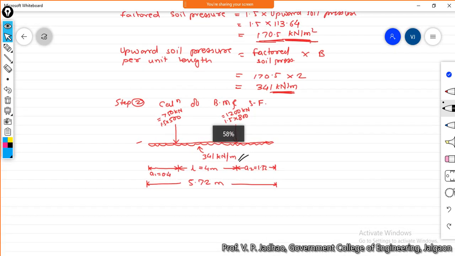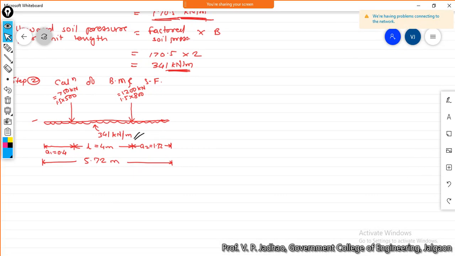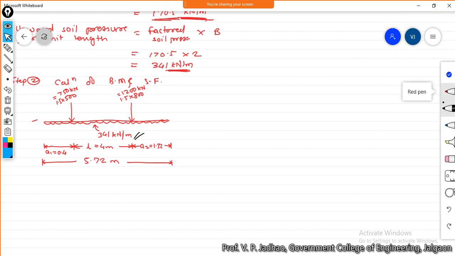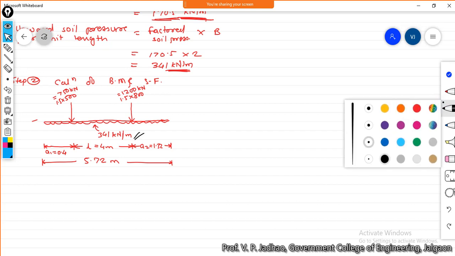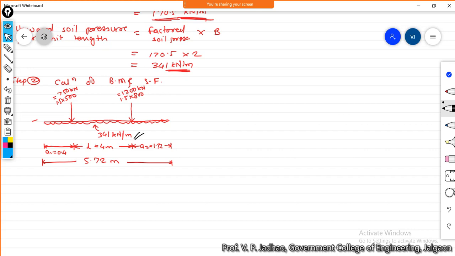Now to calculate the bending moment and shear force, I will write here only. Now let us consider step 2, under that A, shear force calculation.